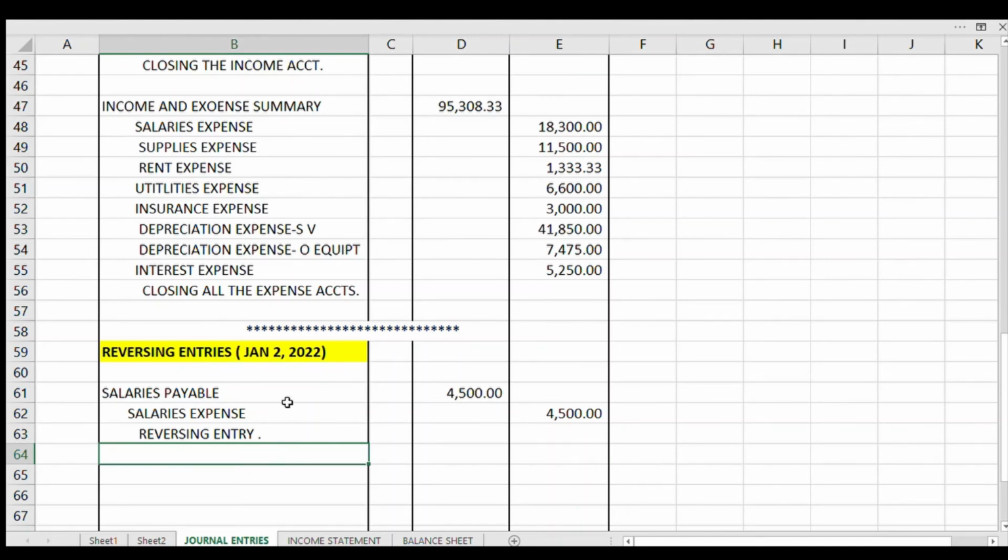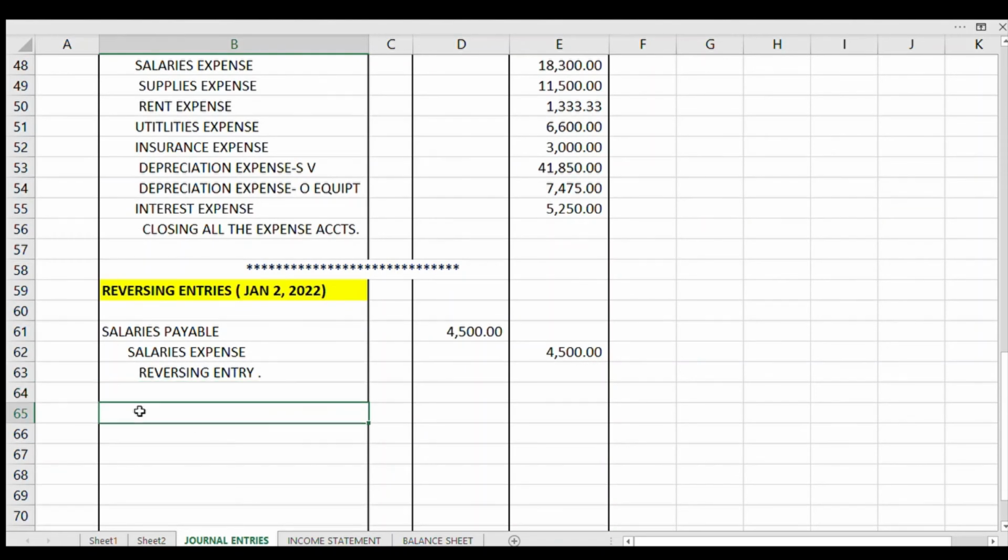But again, I would like to remind that in this particular sample, we use the asset method. So the reversal will apply only for the accruals.